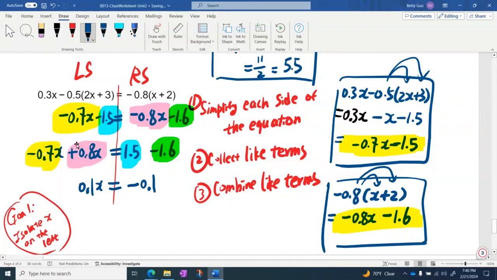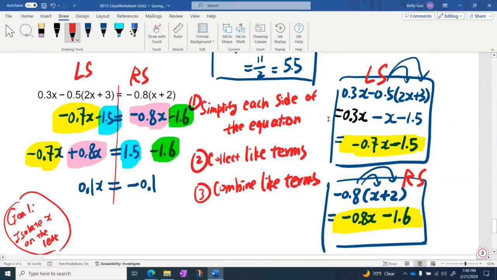Oh, let me double check. Oh no, that's a very good question, but I did not forget. Look at my first box. I have a 0.3x. So my box, yeah, that's a very good question. How do you organize your thing? This is my left side. This is my right side. I have the whole left side put in a box.